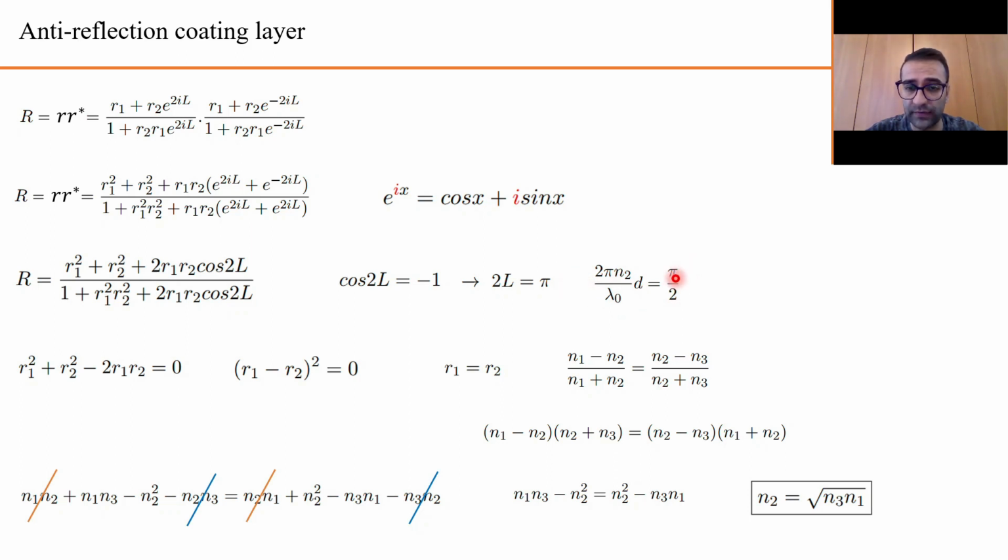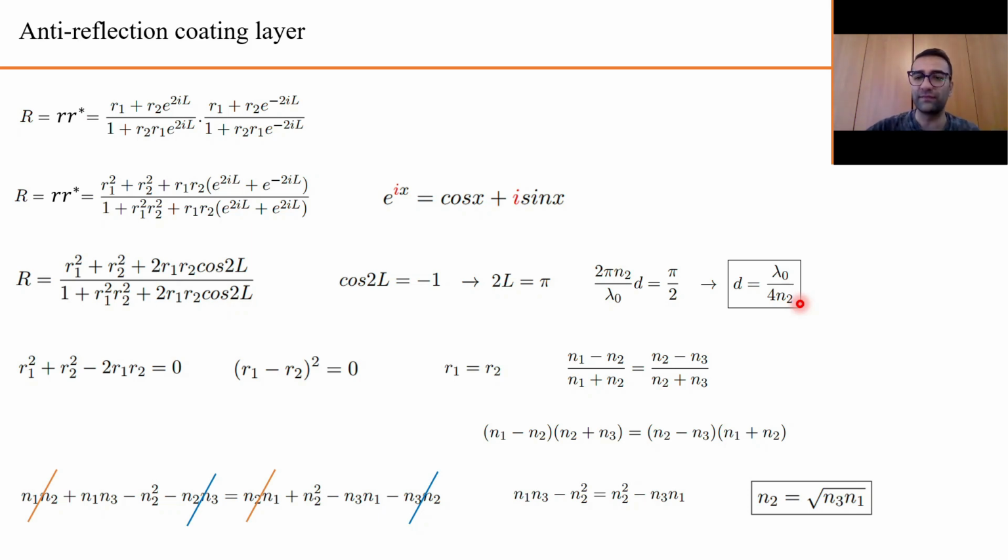Pi will cancel from the left and right, and therefore the thickness of the second layer is lambda naught, the wavelength in free space, divided by 4 times n2, where n2 is the refractive index. Therefore we found the thickness and the refractive index of layer 2 in order to make the reflected light 0.